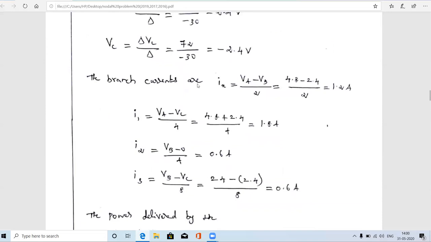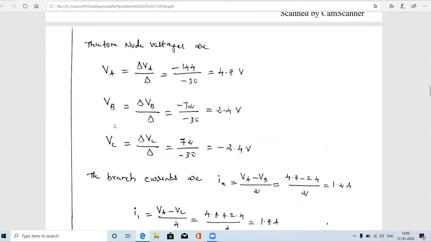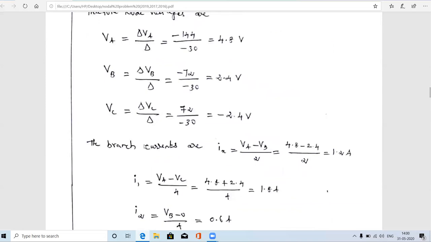In the question, the branch currents are not being asked, but I will tell you how to calculate them. After calculating the values of VA, VB, VC, if the question asks for branch currents, we have to find them like this. You already know the value of Ix.